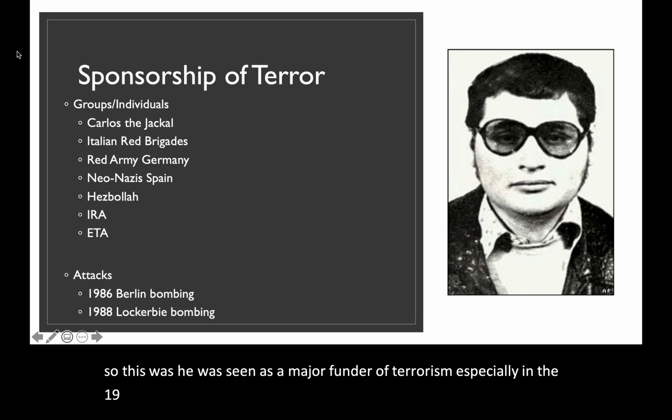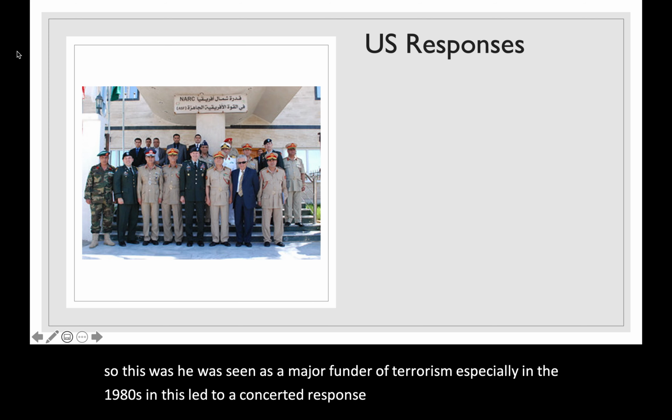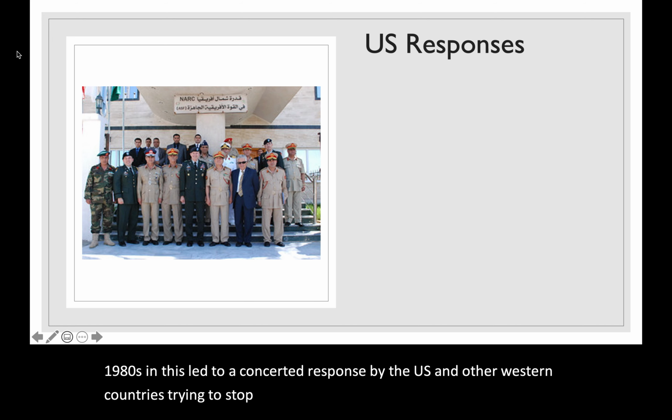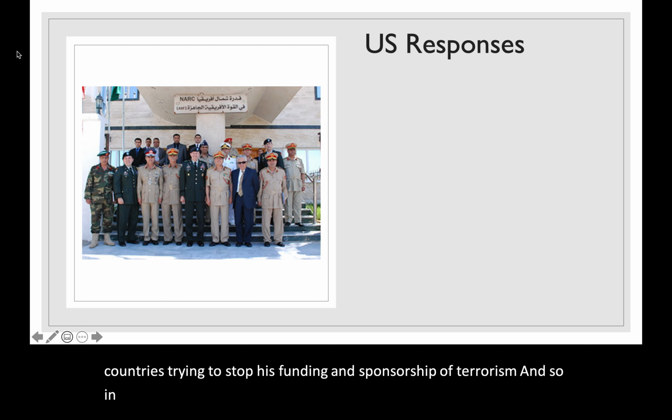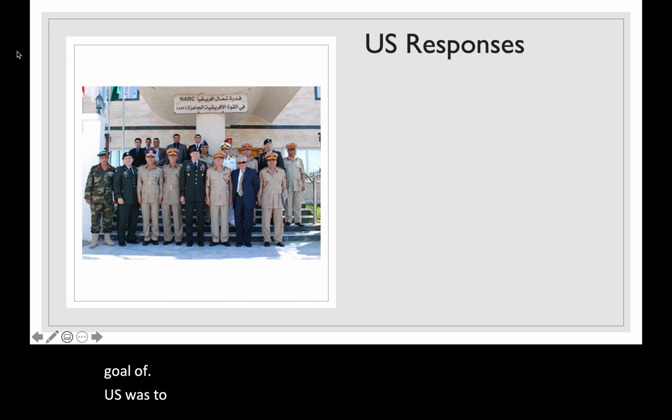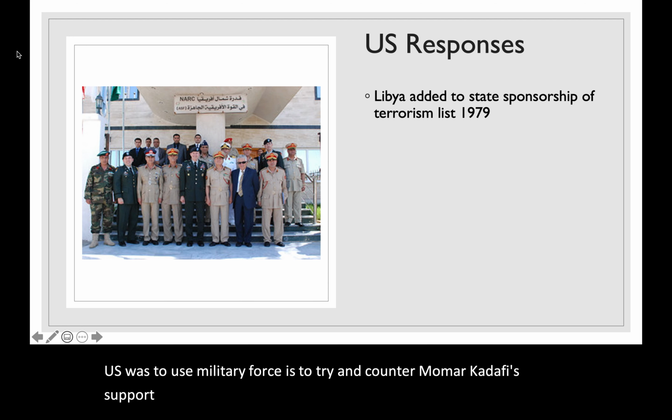This led to a concerted response by the US and other Western countries trying to stop his funding and sponsorship of terrorism. Initially, the main primary goal of the U.S. was to use military forces to try to counter Muammar Gaddafi's support and sponsorship of terrorism.